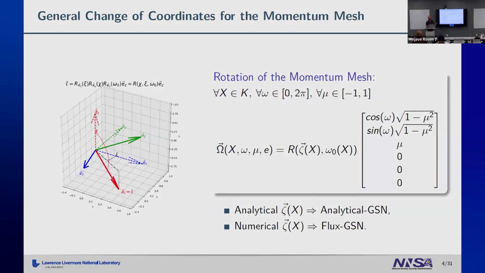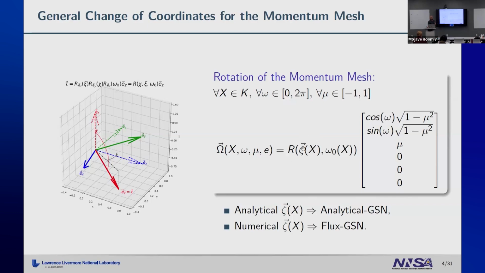The only thing is that at each point of space, we rotate this coordinate system, as a polar coordinate system in momentum, in order to optimize the ray effect. This is what we see here: if omega is the direction of propagation of the particle, we have the vector expressed in spherical coordinates, and we have this rotation matrix in 6D which rotates the axes at each point of space.